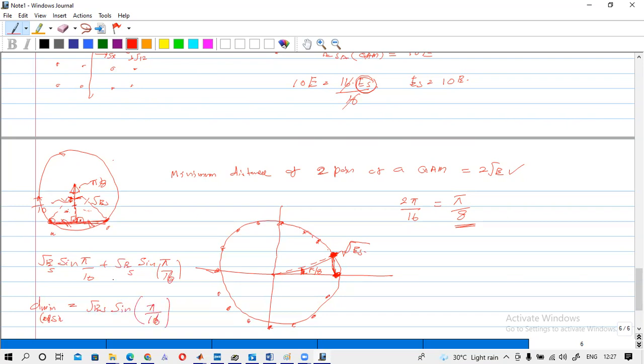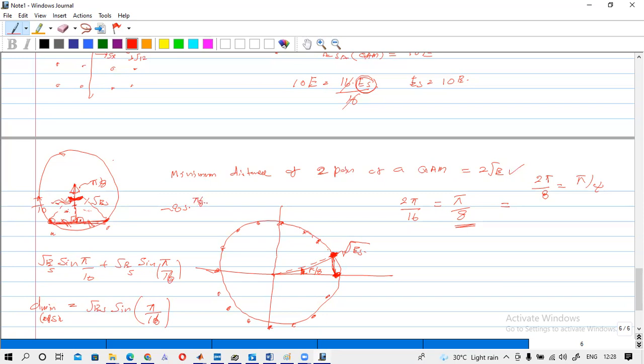Actually, you can see that if you get 8 PSK, this section will be π by 4, because the 2π angle you are going to divide by 8. So this will be π by 4 in the case of 8 PSK. And if you get the half of the value, it will be π by 8 again.